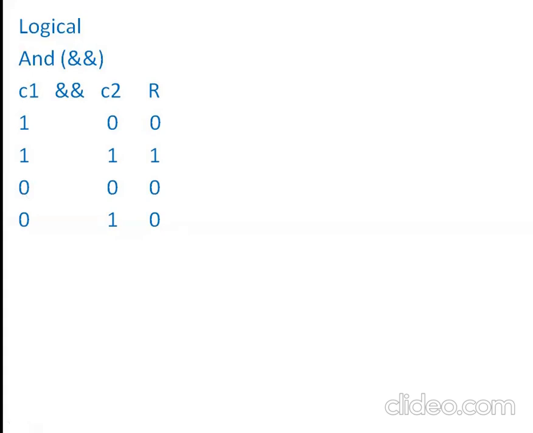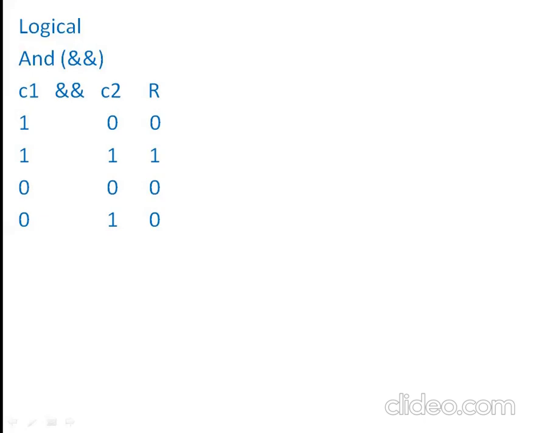It gives the result as true when all are true, otherwise it gives false. You can note down this table so that you can remember. Clear?